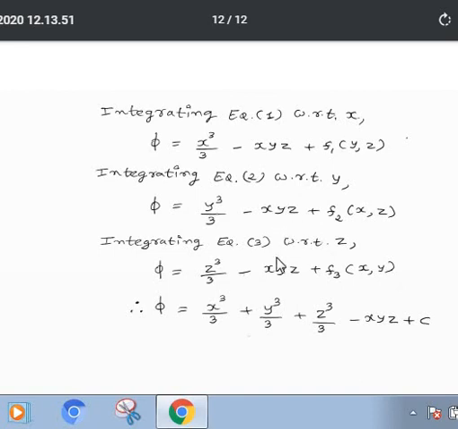Here xyz is repeating 3 times, but we are going to write it only once, that is minus xyz, and these are constant functions, so we represent all of them by the constant c. So the required scalar potential function phi is x cubed by 3 plus y cubed by 3 plus z cubed by 3 minus xyz plus c.